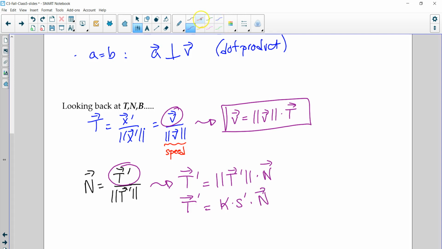Where this came from was remembering that curvature is the same as the length of the unit tangent vector derivative over ds. Okay, so it was dT over ds, where s is still that arc length function.